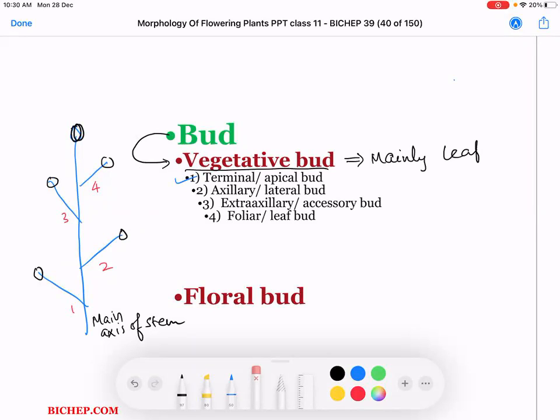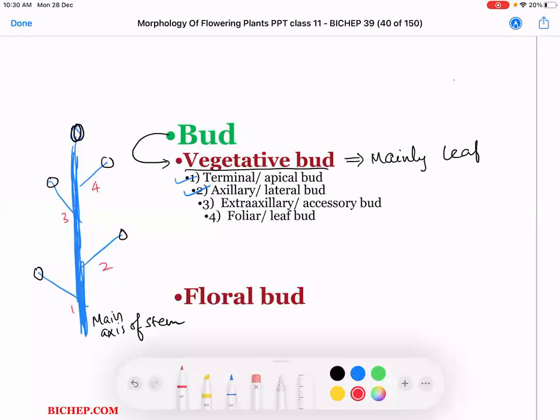Now, the second one is the axillary or lateral bud. If you see, in the middle we have the main branch or main axis of a stem, and from the main axis we have 1, 2, 3, 4 branches which have grown.